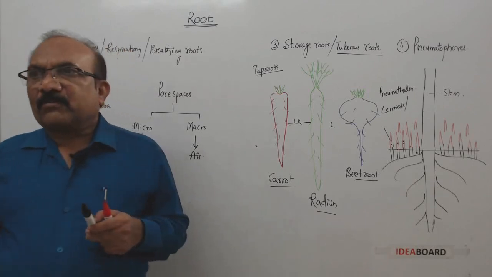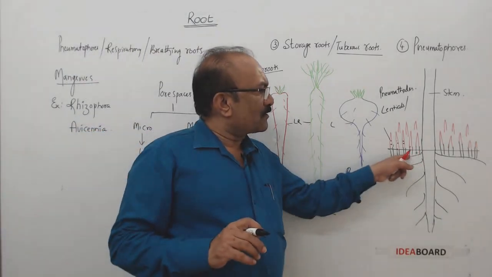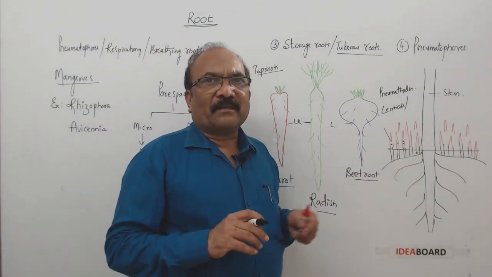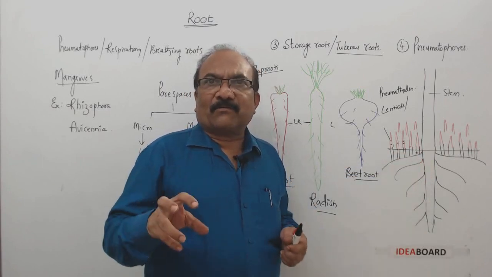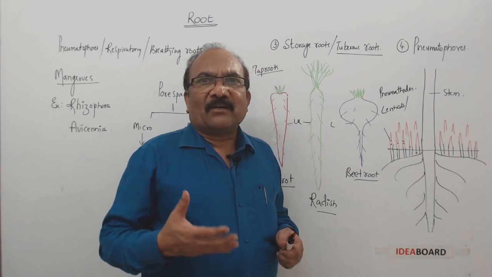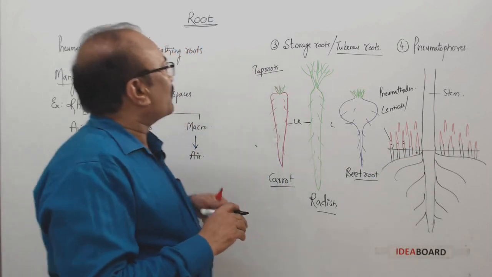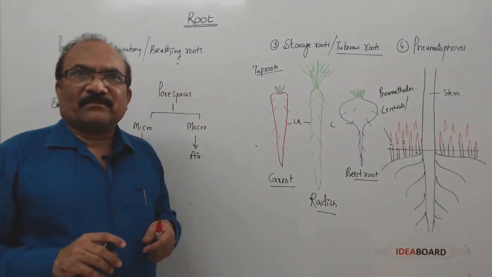So with the help of these pneumathodes, don't think that only this root will get the supply; it is distributed among all other roots, as the pneumathodes help the entire root system to breathe or respire. That's why they are called breathing roots or respiratory roots.